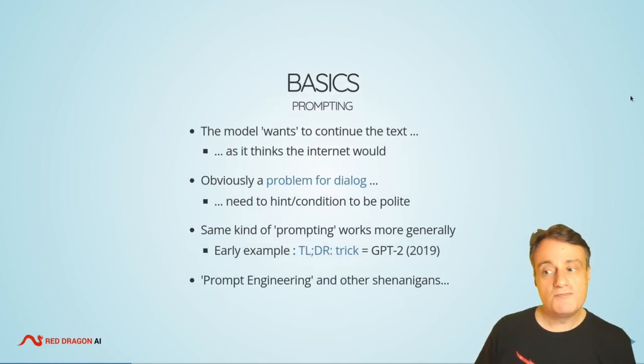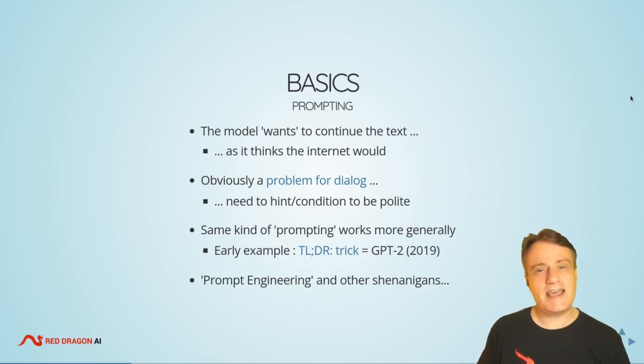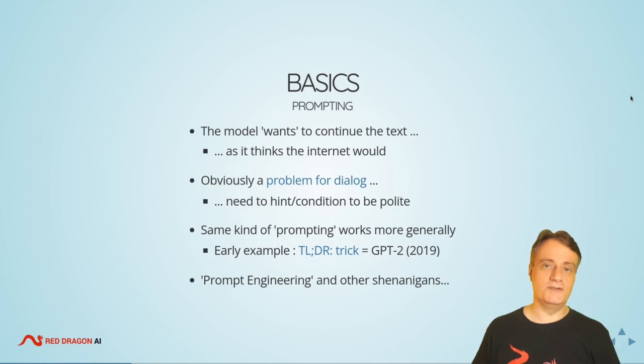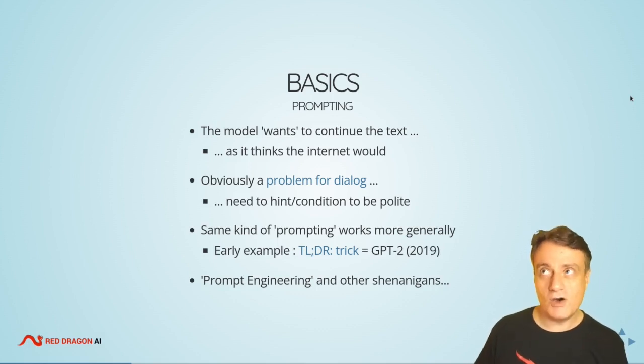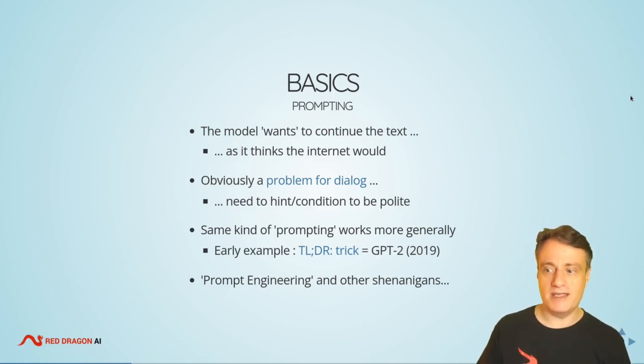So in terms of prompting, we know that the model wants to continue the text, but it will do that kind of as it thinks that the internet would continue the text. Now there's a whole lot of content on the internet, much of which is not appropriate, right? But rather than filter it ahead of time, people have tended to try and learn everything they can from every piece of text they can find, and then try and figure out, well, how do we make this better behaved?